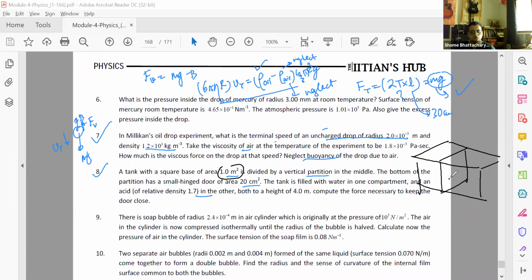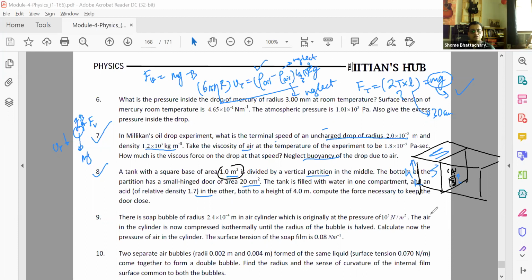So let's say this is the hinge door. Compared to the height of the water column, we will take the size of the door as negligible. So compared to this height, the height of the door itself is negligible, so we'll take it as a uniform pressure.